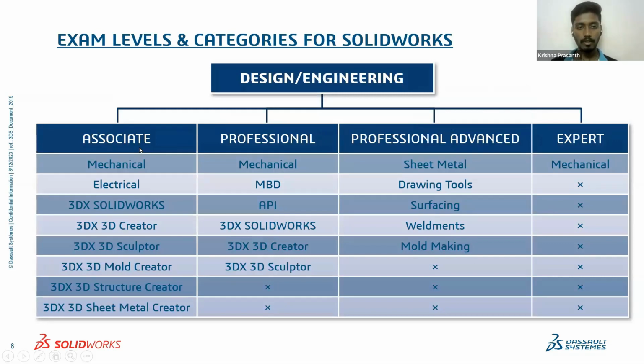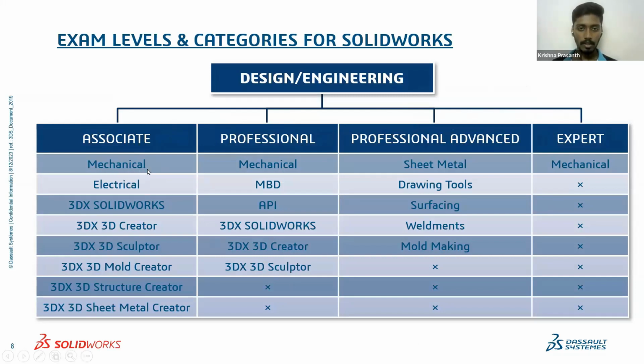We can see that the exams are segregated into the four categories which we have seen earlier: associate level, professional advanced level, and then expert level. The main and initial exam which you can take is the CSWA, that is Certified SolidWorks Associate Mechanical.